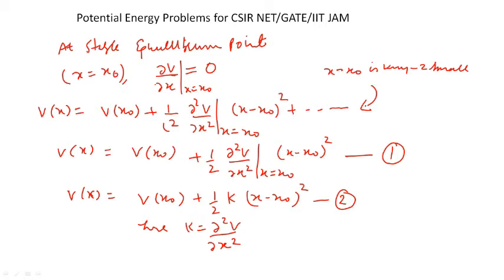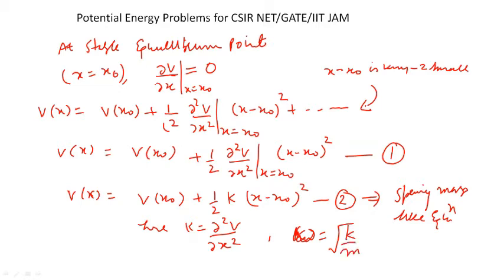Now if you see equation number 2, it is like your spring mass like equation. So for spring mass system, you know that your angular frequency omega is equal to root k upon m.